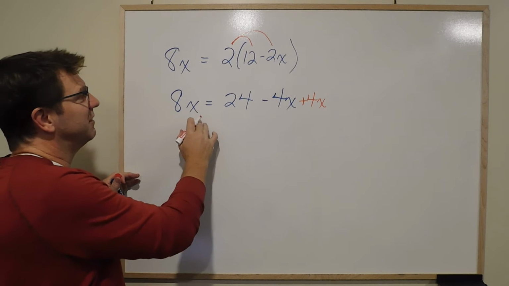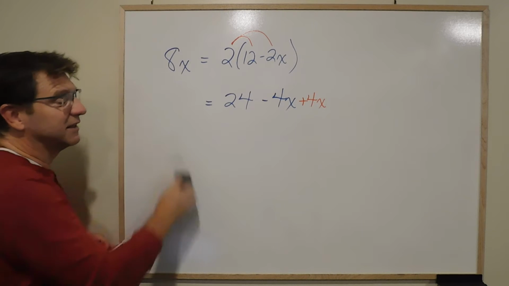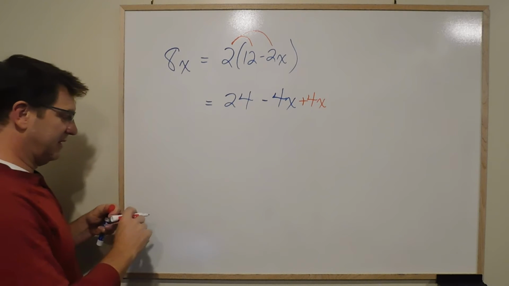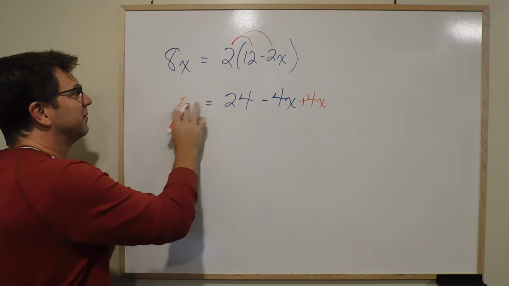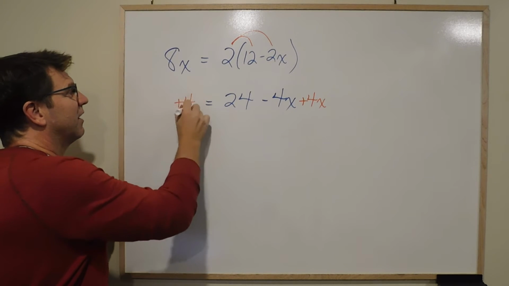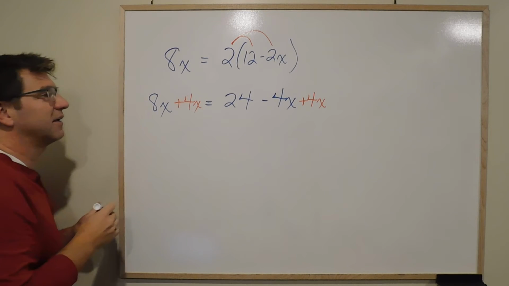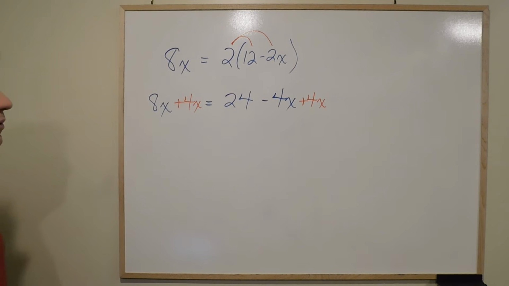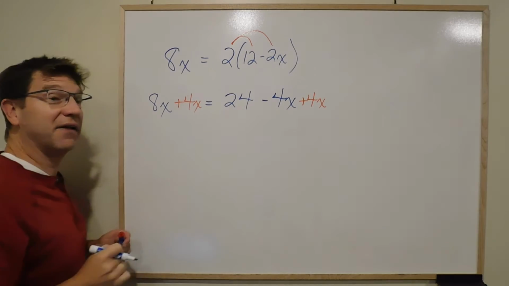But then I would need to add 4x to this side, wouldn't I? So we have the plus 4x to the 8x that was here. We added 4x to both sides. Why did we do it? We wanted to get rid of that there.